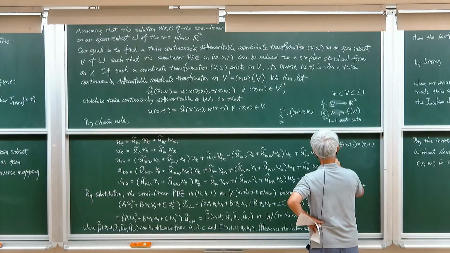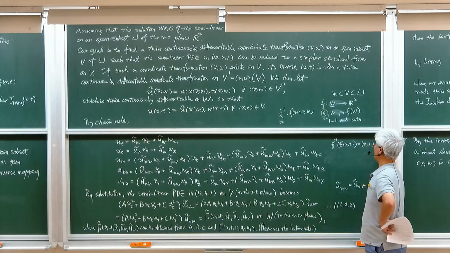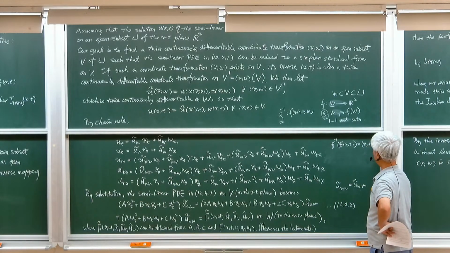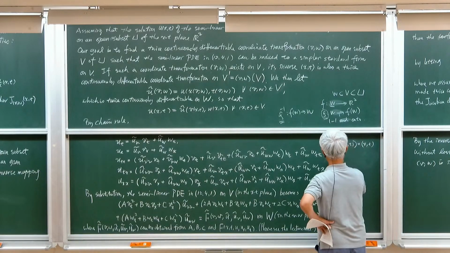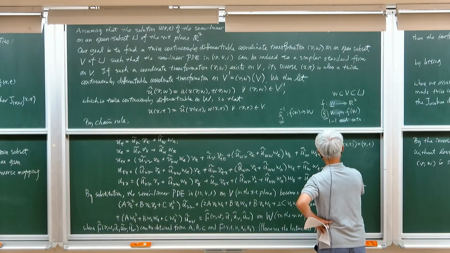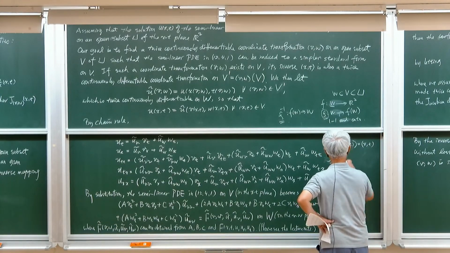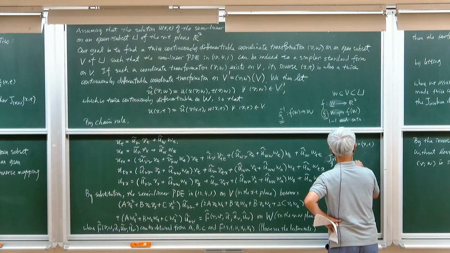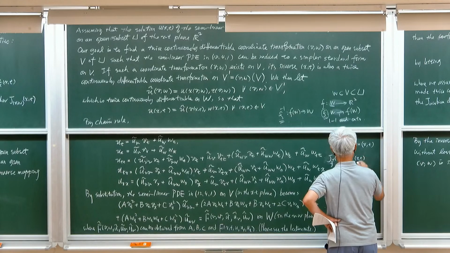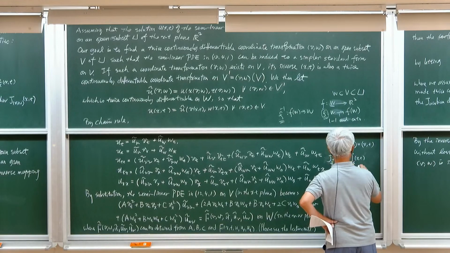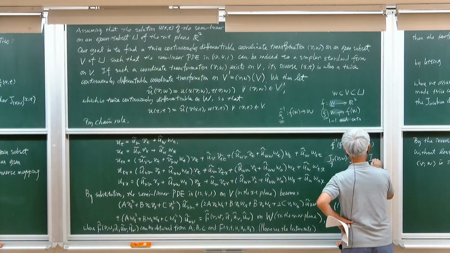So the Jacobian matrix at (v,w), then the Jacobian matrix at (x,t), is equal to the identity, 2 by 2.